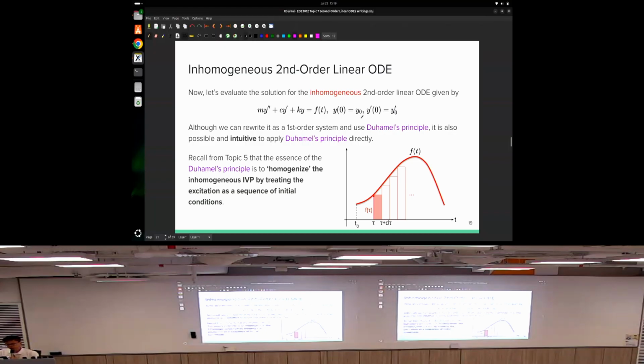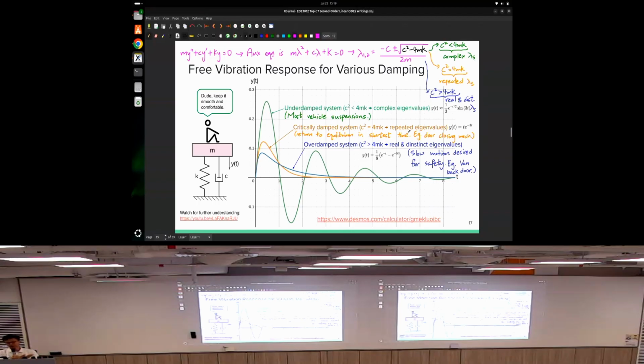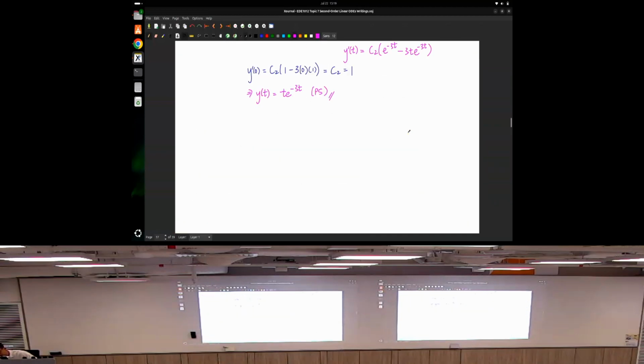We straight away apply Duhamel's principle, because we already know the homogeneous solution. All our homogeneous solutions have been derived. We have three blue boxes if you recall, right?